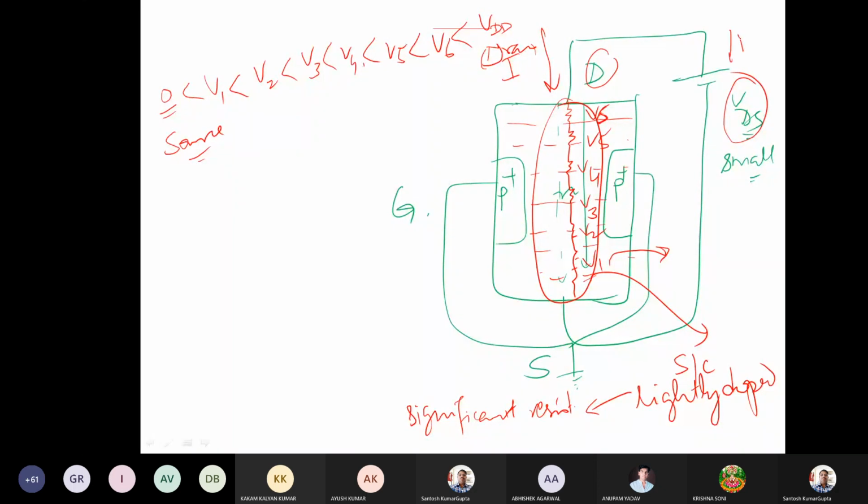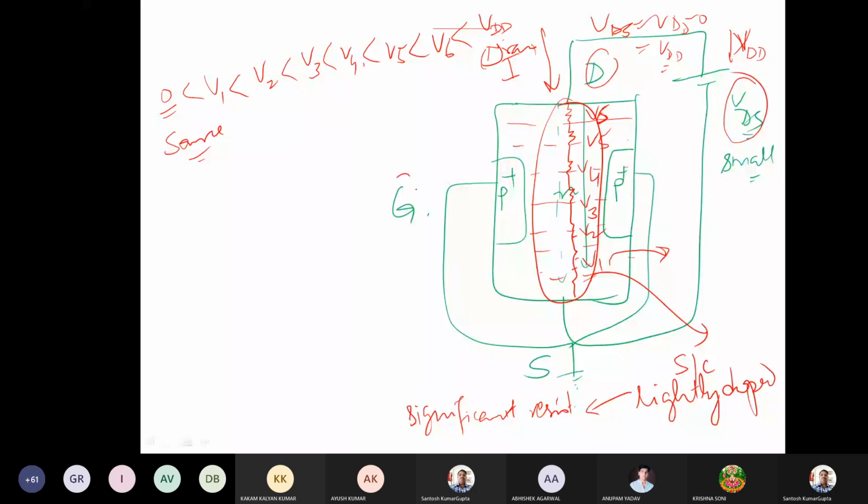I think in the figure we have called this VDD. So VDS is nothing but VDD minus 0, that is VDD for this case. The minimum voltage is that of the source, the maximum voltage is that of the drain, VDD, and all others are in between.